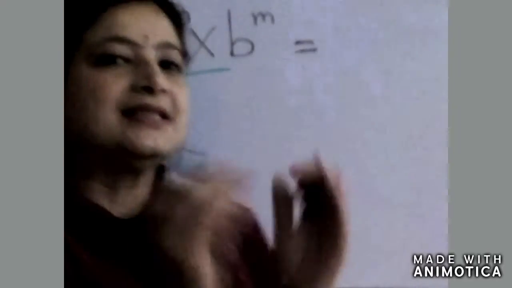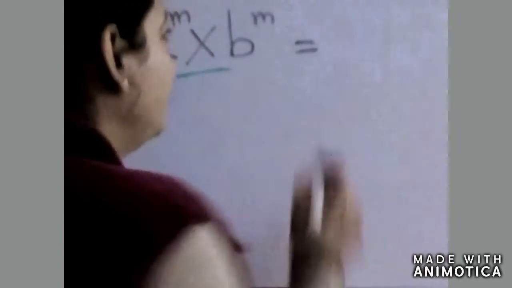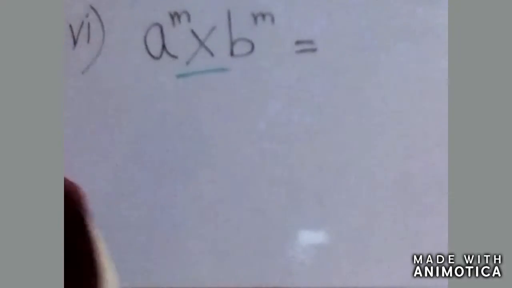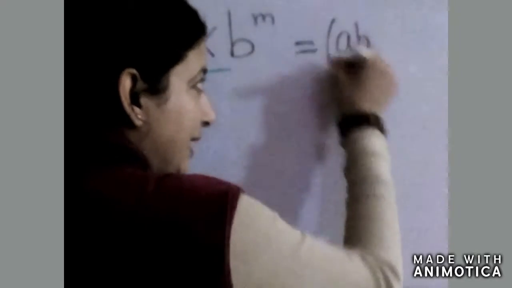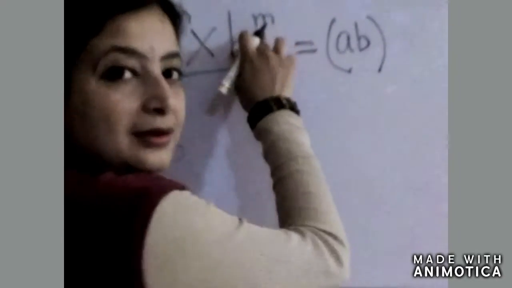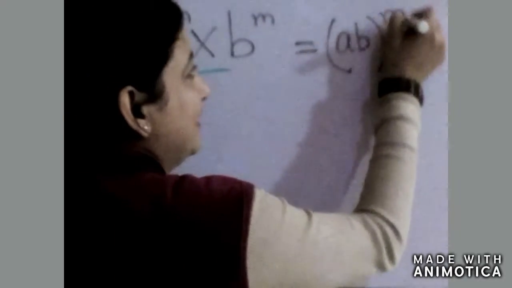So first we will multiply. If there is just a into b, what will we write? ab. I will do that first. We will write here ab, and then the whole to the power. Whichever power is here, that power we will write here.